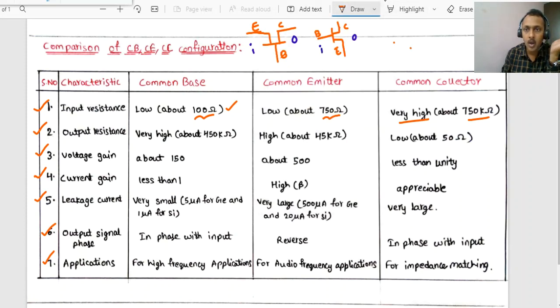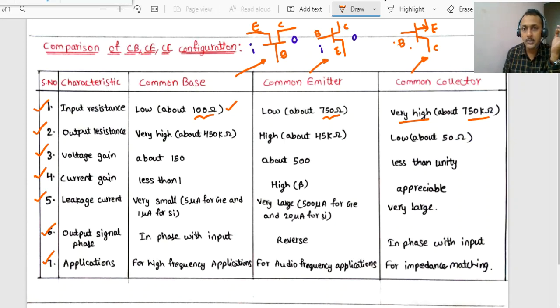This is common base, this is common emitter. Of course, I have not drawn in detail, we have already seen the circuit diagrams in the previous discussions, right?